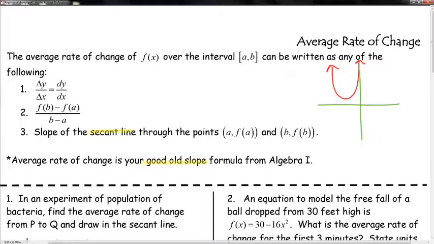A secant line just means it hits it twice, here and here. It just means the line went through the curve twice. That's all secant line means. Later on we're going to talk about a term called the tangent line, and that just means it hits it only one time. Just once. So just for terminology, secant line means it hits twice, tangent line means it hits one time.